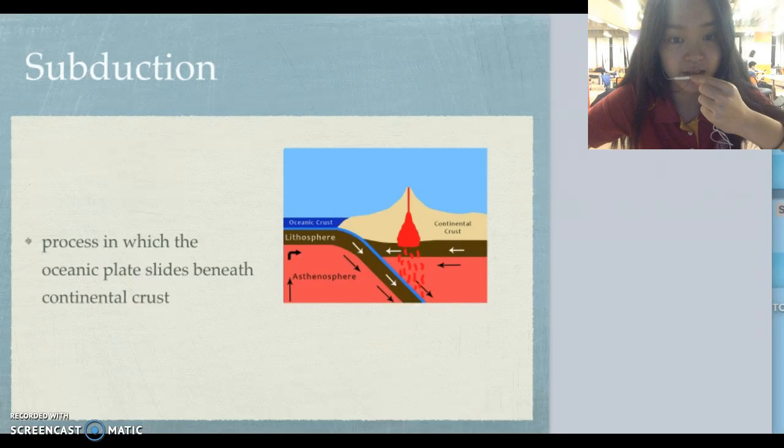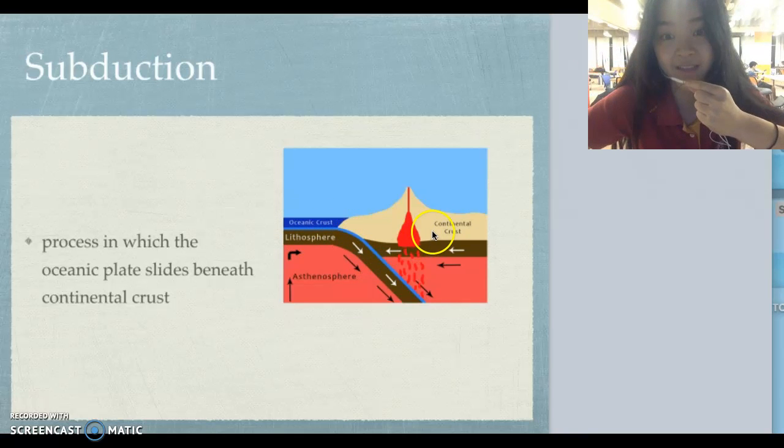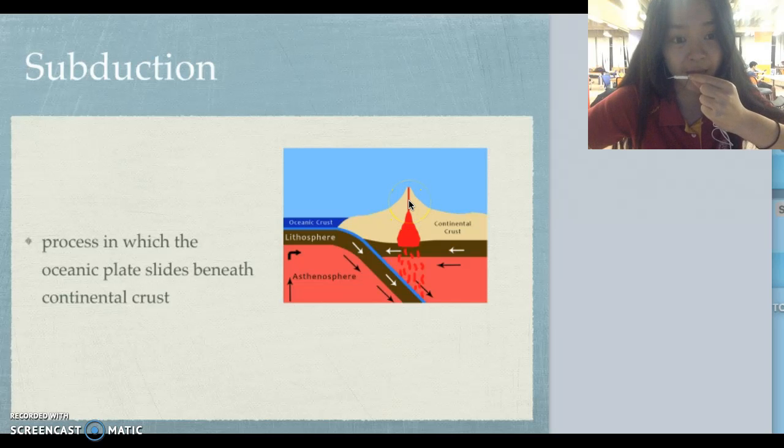Subduction is when oceanic crust collides with continental crust. Because the continental crust is less dense than the oceanic crust, the oceanic crust goes down and the continental crust goes up, and the magma below it, because of the pressure, goes up and forms a volcano.